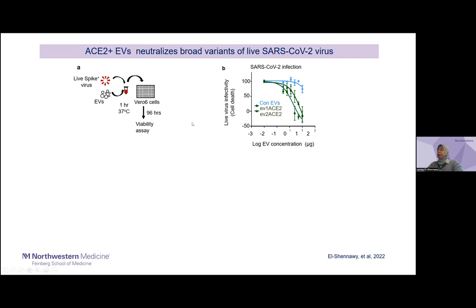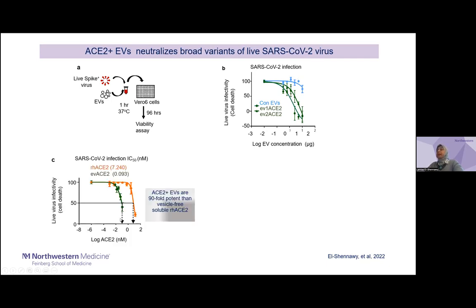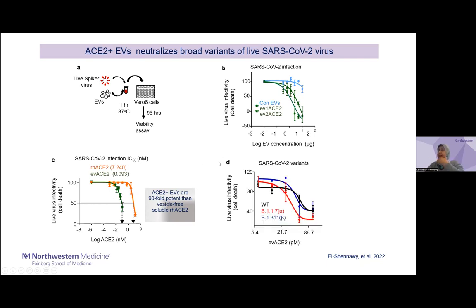exosomes. Again, we compared our vesicles to recombinant human ACE2, the vesicle-free soluble recombinant human ACE2, and we get 90-fold more potency with the vesicles compared to the soluble protein. So we detected the variants, and we can find here that yes, the live variants are neutralized.